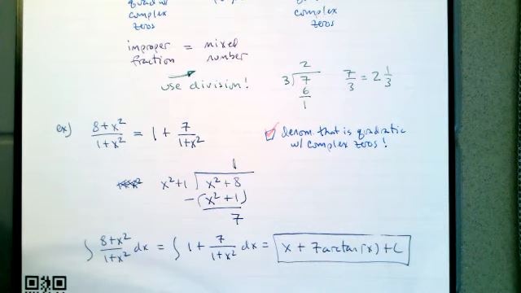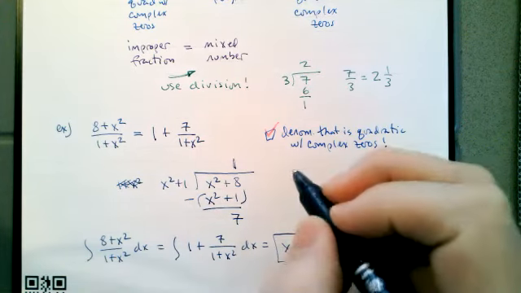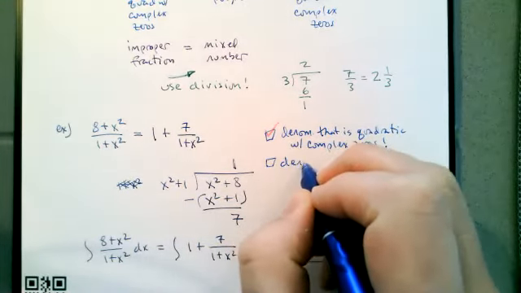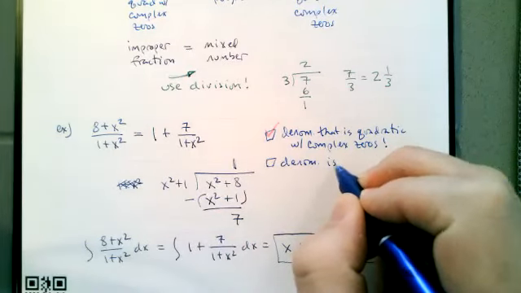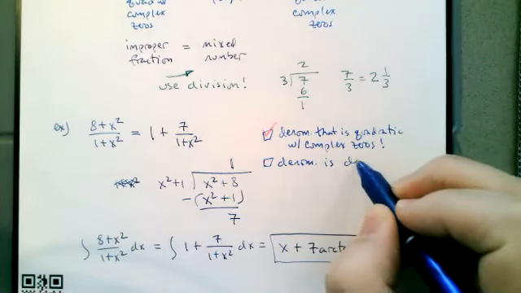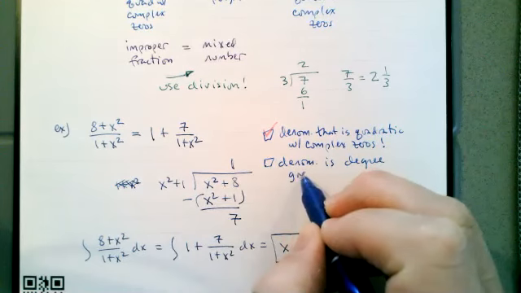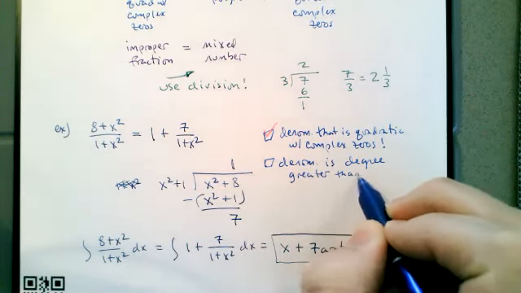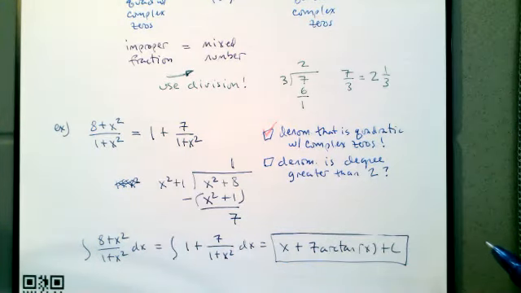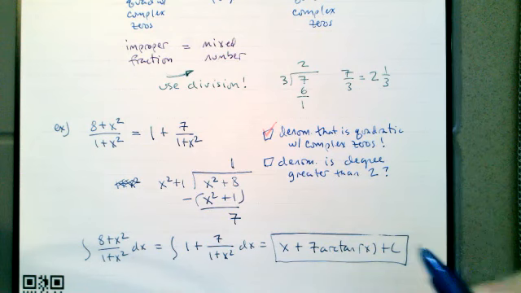This leaves 2 open questions. The denominator is degree greater than 2. That's one thing that we have to deal with. And then what happens if the denominator is quadratic with real zeros?